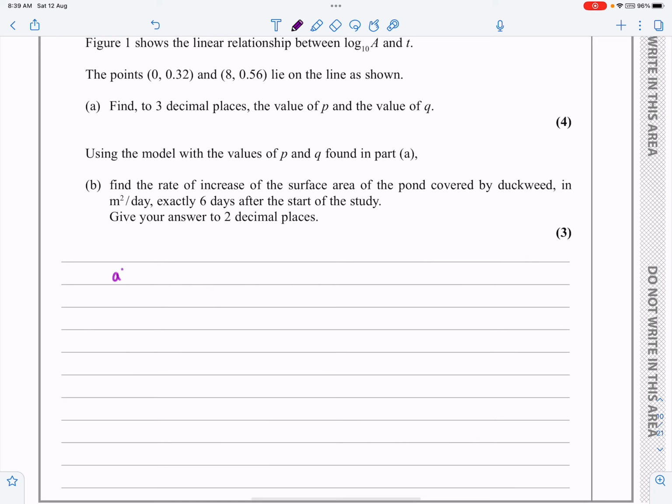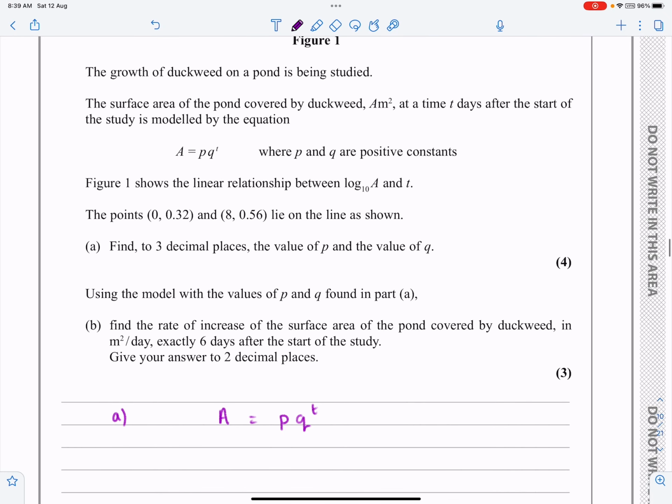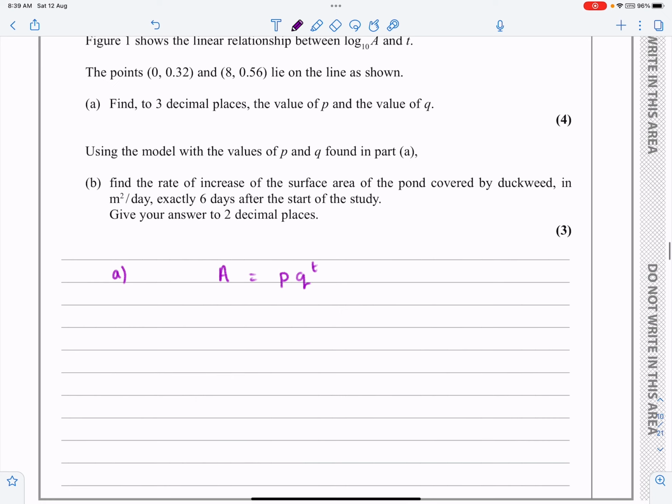So for part A, we're starting off with A equals PQ to the T. And then we're going to use logs to turn this into a linear relationship. And as I say, they've told me in the question to do log to the base 10. So if I do log to the base 10 of both sides, then I'm going to get that.